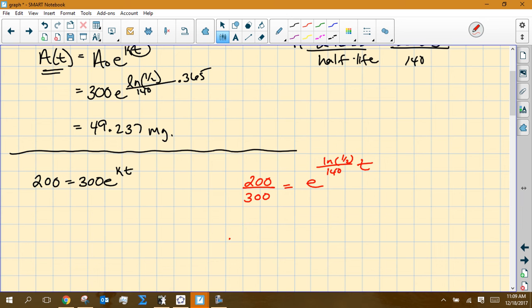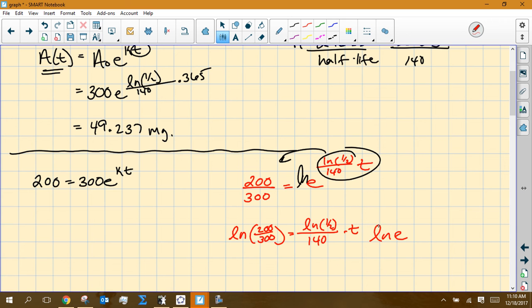So now I'm going to take the ln of both sides, so I get ln of 200 divided by 300. And now taking the ln of this side would give me ln of 1/2 over 140 times t ln of e. Okay, just putting the ln out here in front. You can take that out in front. Ln of e eventually just becomes 1, so we can actually get rid of that.